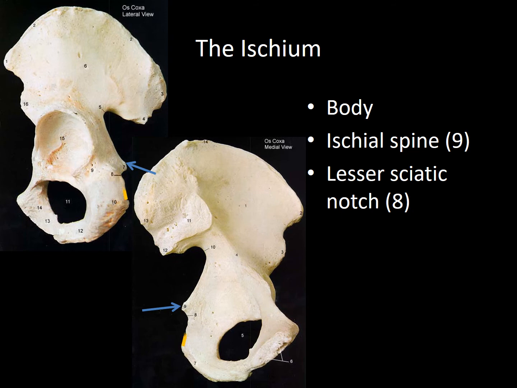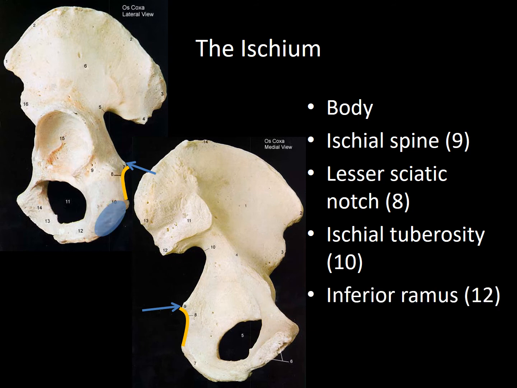There's a lesser sciatic notch, which is highlighted here in yellow below that ischial spine. The sciatic nerve actually wraps around here too. And then there is ischial tuberosity here, and the inferior ramus down here. Now, a ramus in general is, I think of it as a reaching arm, or you can think of it as a reaching bridge.